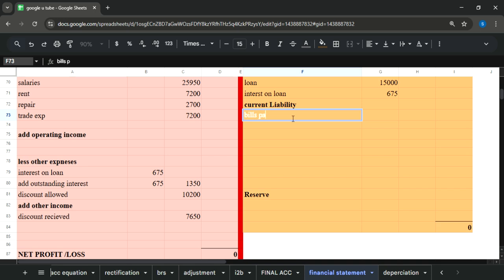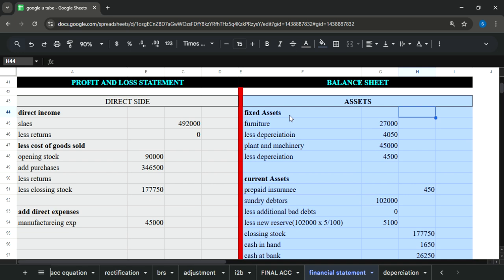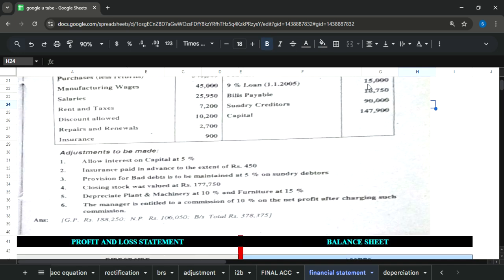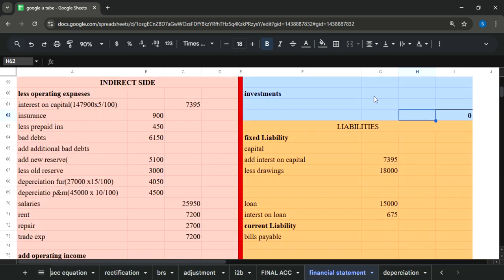Bill payable is part of current liability. So for bill payable, you will write the amount of bill payable, which is 18,750.